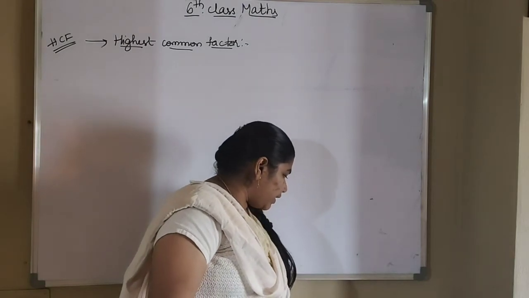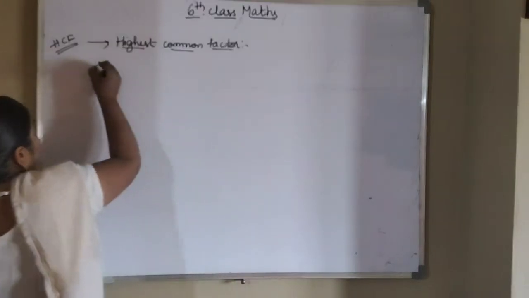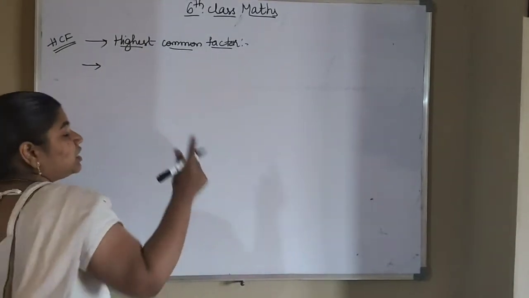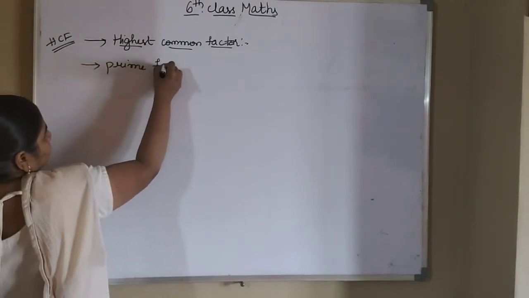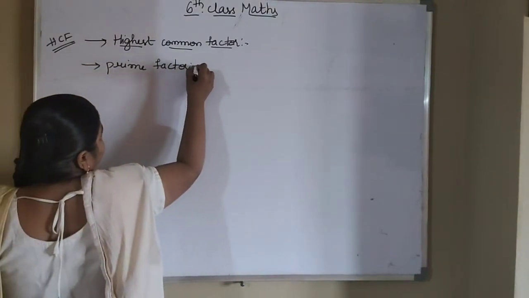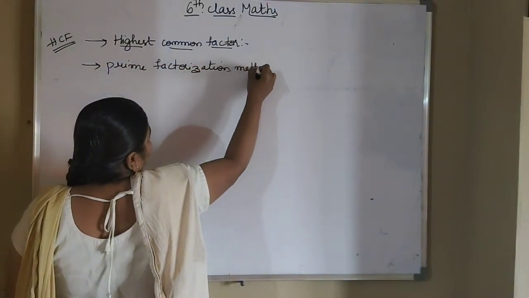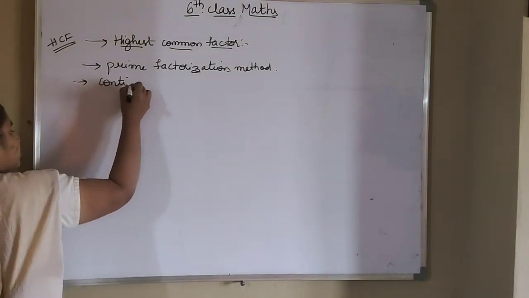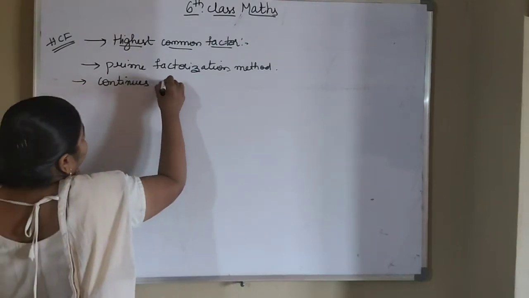In this you have two methods. One is the prime factorization method and the next one is the continuous division method. So you can find this HCF by using two methods: the prime factorization method and the continuous division method.